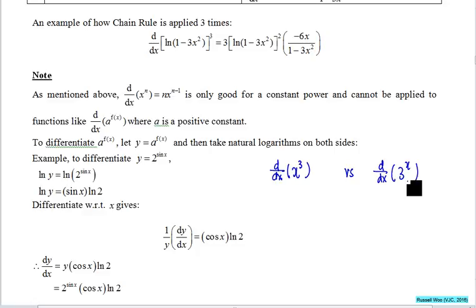I'm quite sure we all know how to differentiate x cubed. This one O-level stuff, I'm quite sure you know. It's quite easy. You get 3x squared. You bring the power down, etc. No problem. Now, the dangerous thing some of us may want to do is, I differentiate, I bring x down, 3x minus 1. Obviously wrong. Obviously wrong. Now, I want to emphasize this.